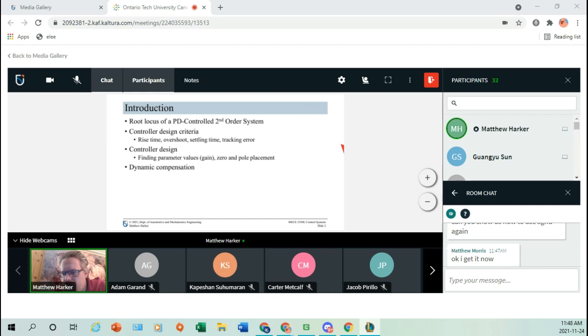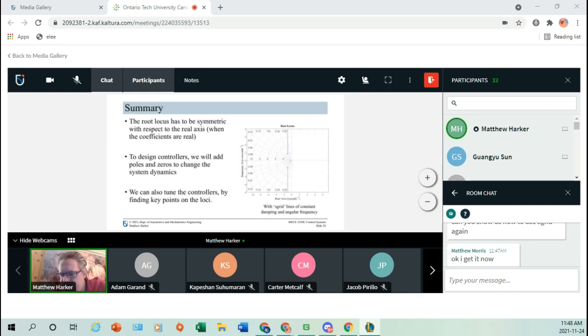Sorry, one last bit of this one here. If you remember, if we make K too large, we might not have a physically realizable signal, right? It might be sending a signal to the controller to say the motor voltage has to be 300 volts or something like that, which doesn't help if we're limited to 10 volts.